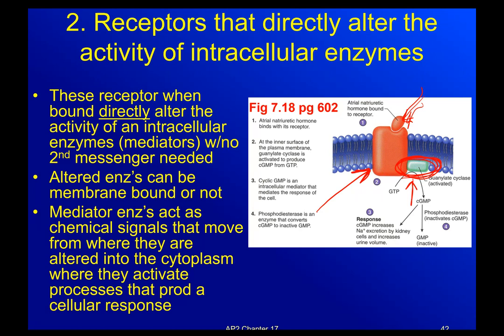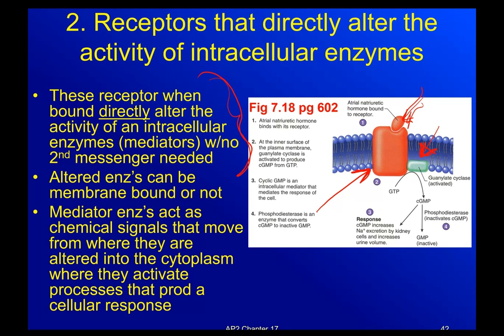So receptors, when they're bound directly, alter the activity of that enzyme without the second messenger, like I said. The altered enzyme, in this example, is a membrane-bound enzyme, but sometimes they're not. It just kind of depends.